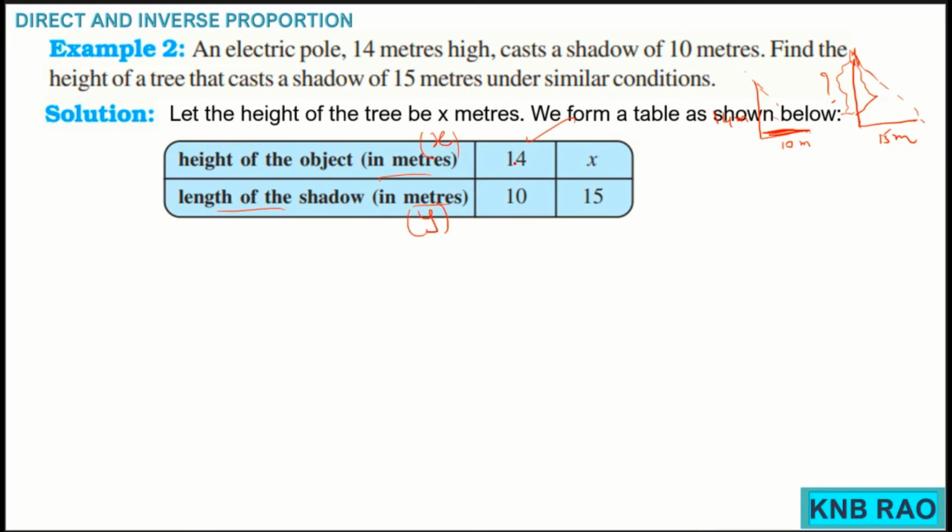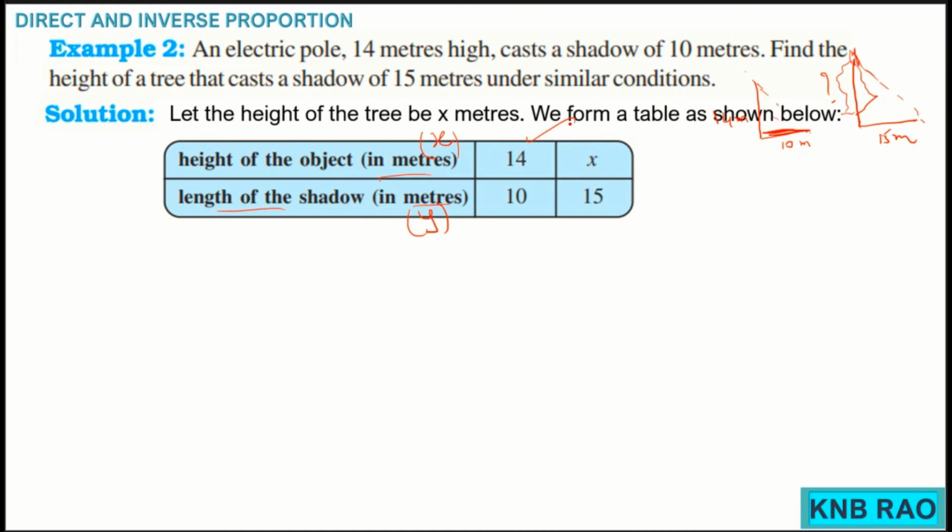Now we have a 14 meter pole casting a 10 meter shadow, and what would be the height of a tree casting a 15 meter shadow? With the assumption of x, x meters will be the height of the tree.